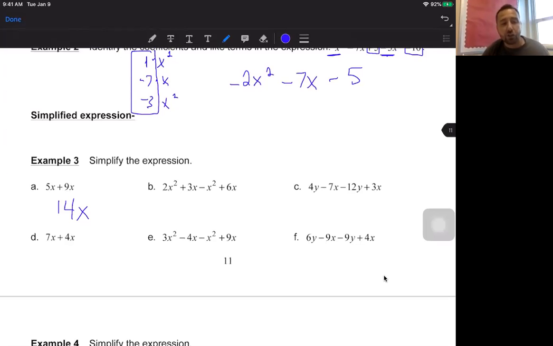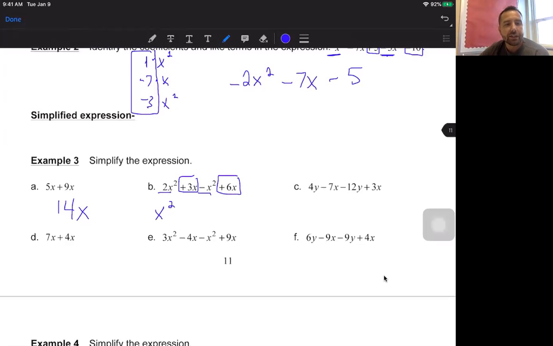The next one, I'll go ahead and help through this. We have a 2x squared, and we're going to look for our like terms, which is another one of our vocab words. So we have 2x squared, and then we have minus an x squared. 2x squared minus x squared will leave us with 1x squared, or just x squared. And then next we have our x's. We have a +3x and a +6x.